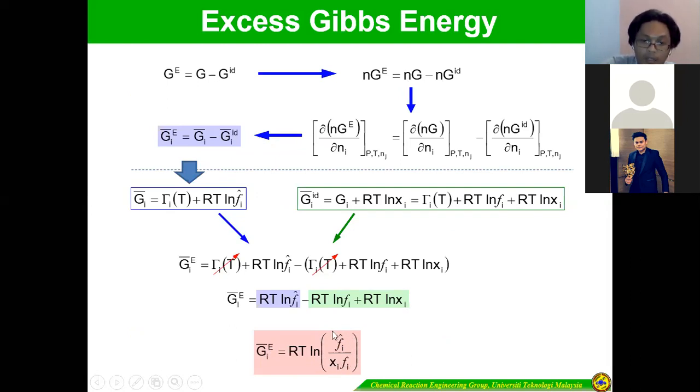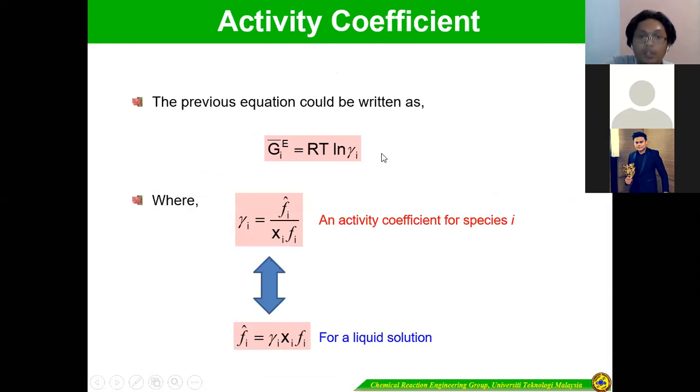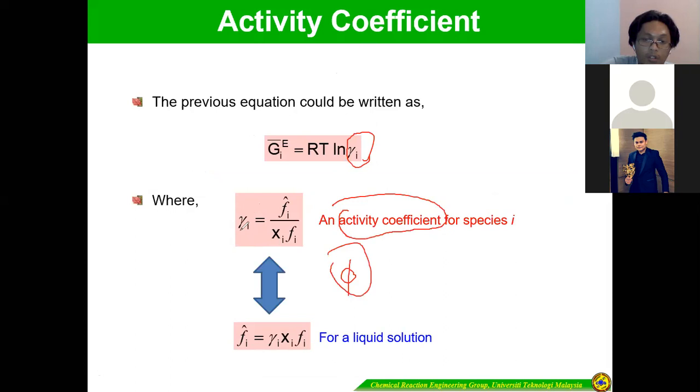So we can see there is another parameter, which we call the activity coefficient, for the solution. It is almost similar: for the gas we use the fugacity coefficient, but for the solution or liquid we use the activity coefficient.